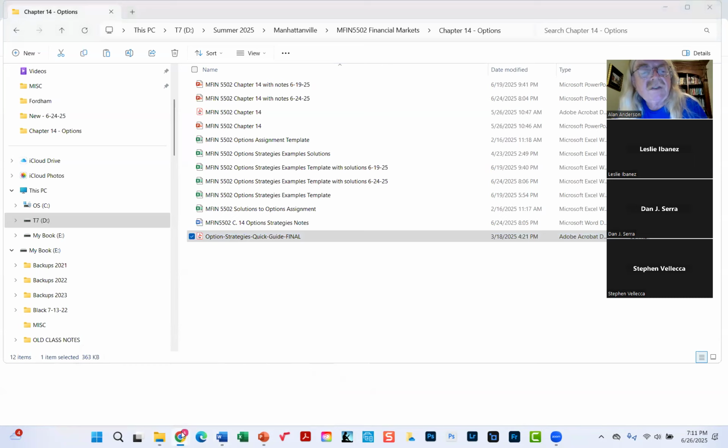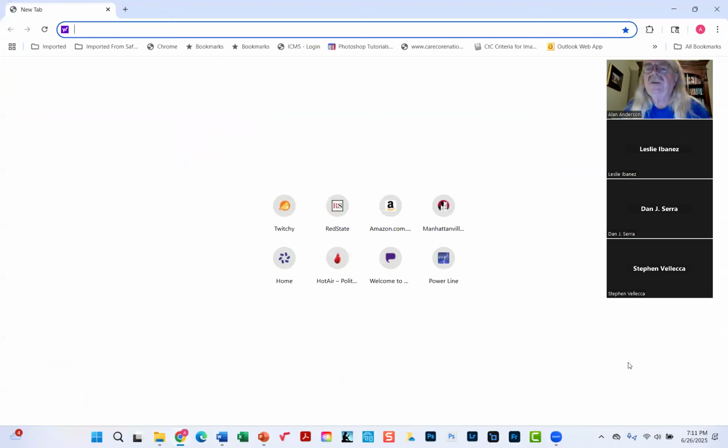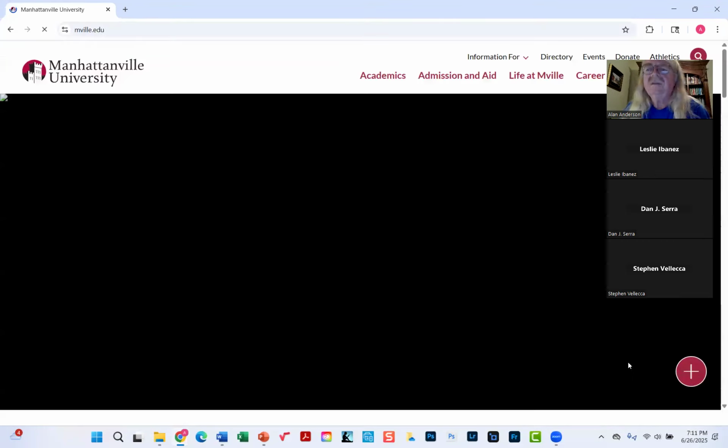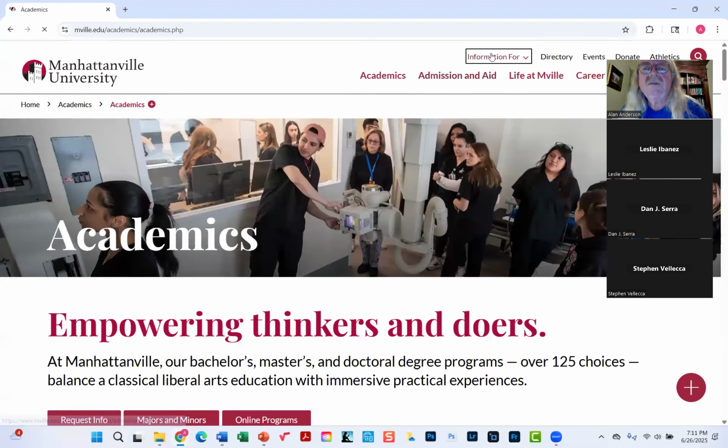And one of the reasons that you might want to have it even now while you're working on the final exam is because it has a nice summary of some of the basic positions, but it also shows you some of the more really bizarre ones.